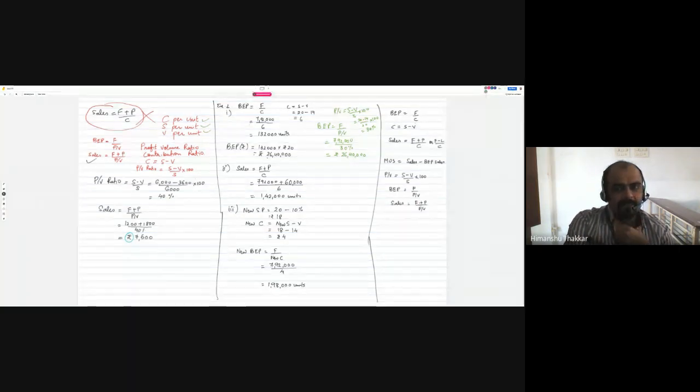Let's see whether I get the answer from division 1 first or division 3 first. I got the answer from division 1. 6,000 units is the BEP. Very good. Now I got the answer from division 3 as well. Akanksha has given it. So it is 6,000 units BEP.